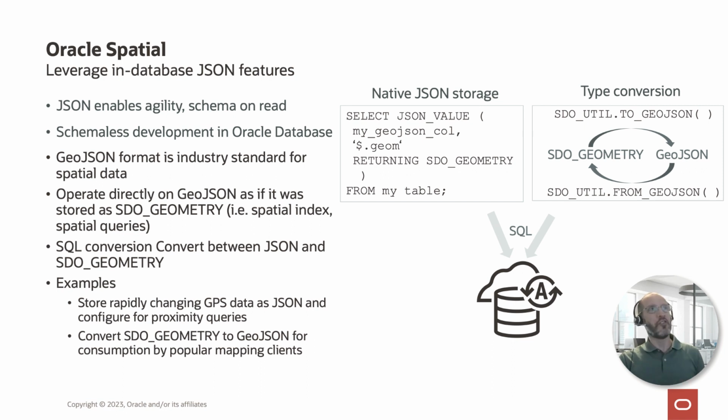So a couple examples of where that comes into focus are, first of all, the ability to store data natively as JSON in the database. So just our in-database JSON handling capability, and to be able to use the JSON functions that we have to have data stored in JSON, but be read and operated on as if that data was stored in a traditional table with our native spatial data type. So the JSON functions of the database do that in general. It's not a spatial feature, it's just an in-database JSON feature.